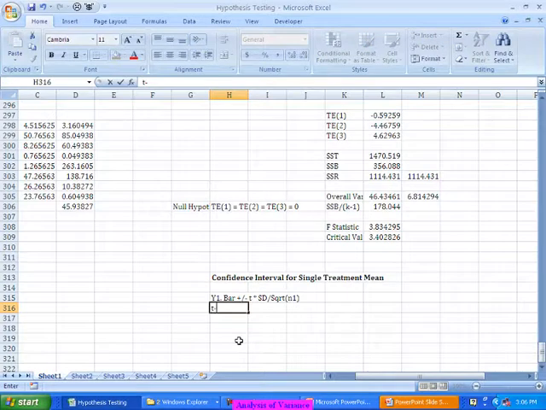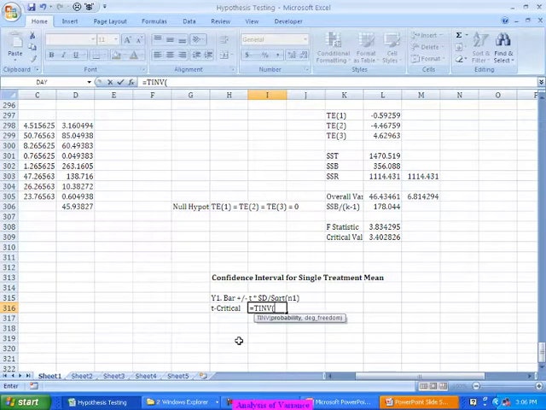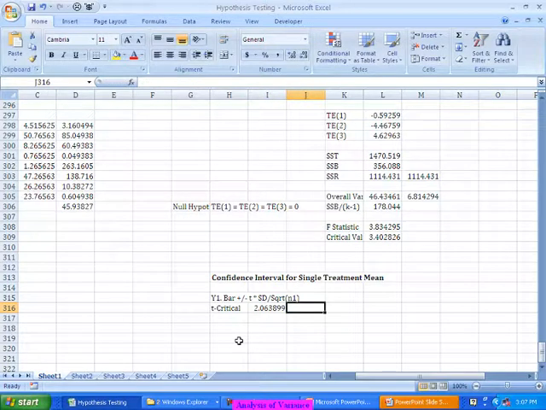What is the t critical value? We can look into the tables. For a 5% probability and 24 degrees of freedom, the t value is coming out to 2.06.